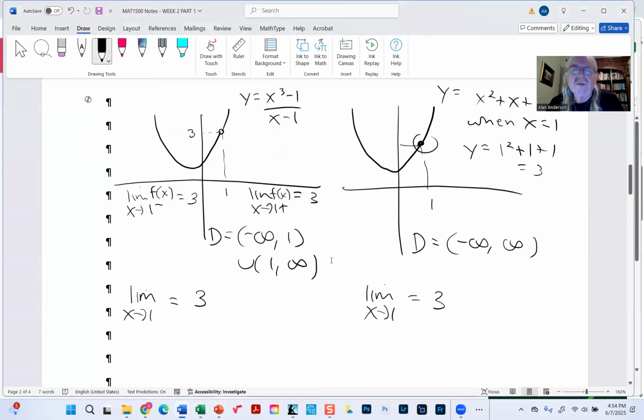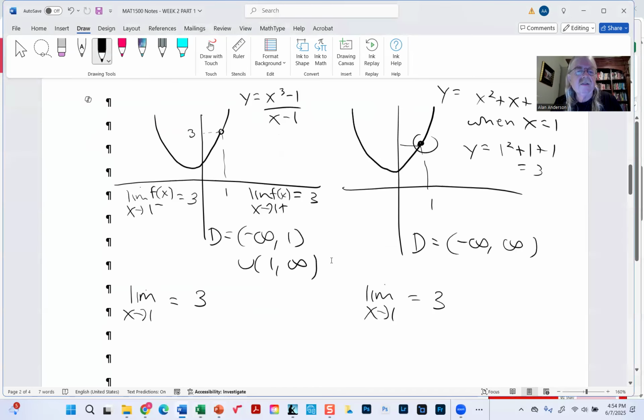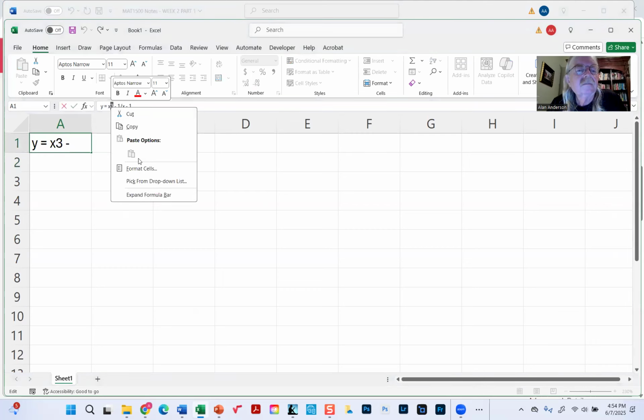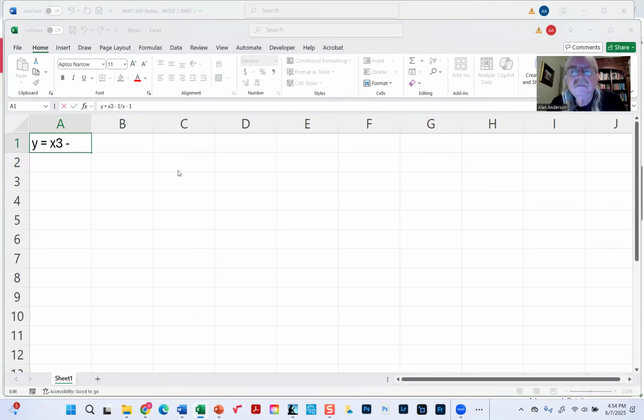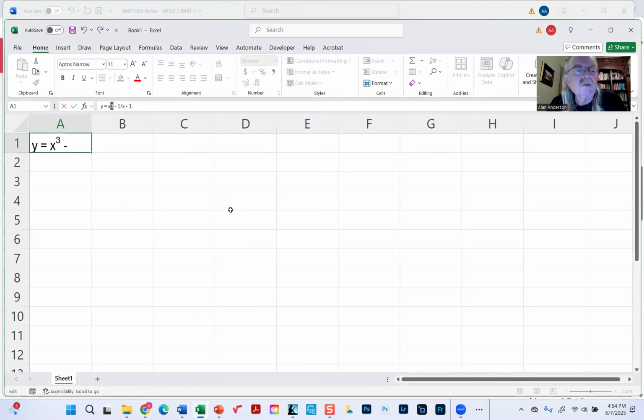So I'm just going to do this real fast for you. x cubed minus 1. I'll clean that up in a second. There's a way to make these create superscripts in here. So it looks right.